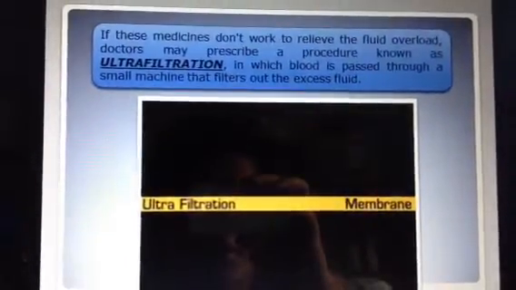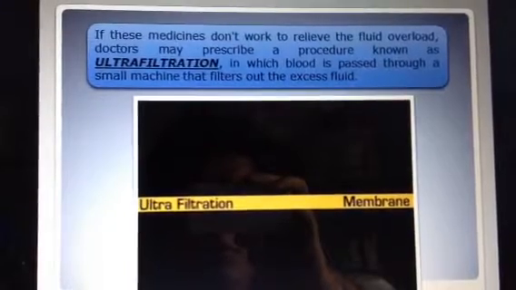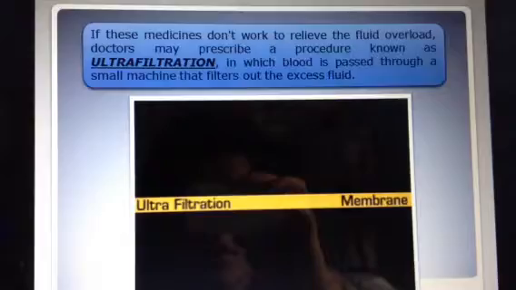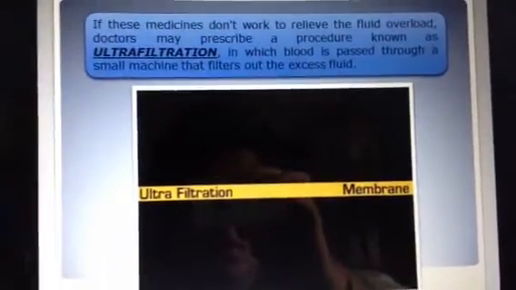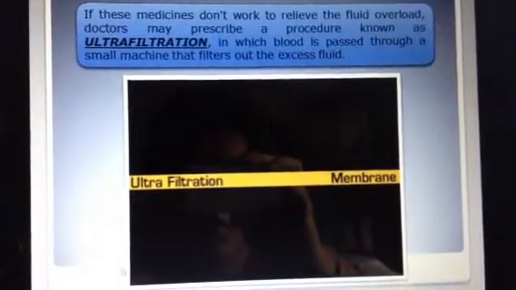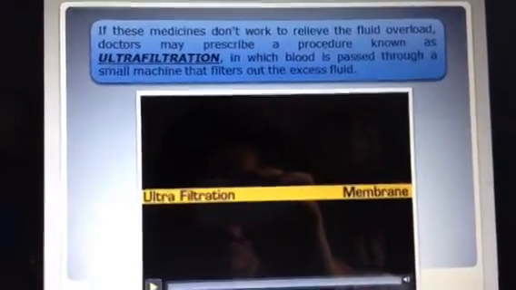If these medicines don't work to relieve the fluid overload, doctors may prescribe a procedure known as ultrafiltration, in which blood is passed through a small machine that filters out the excess fluid.